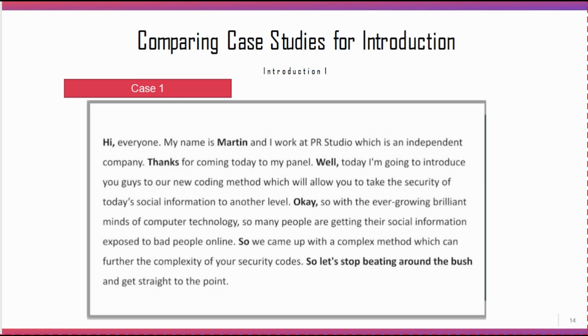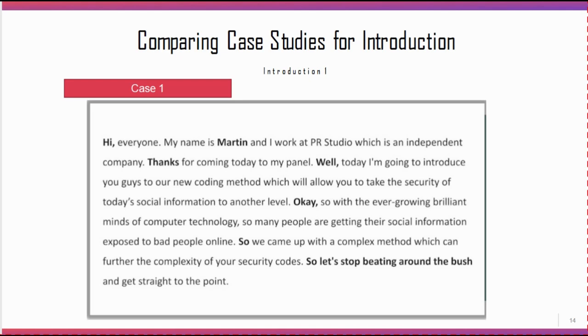Okay, so with the ever-growing and brilliant minds of computer technology, so many people are getting their social information exposed to bad people online. So we came up with a complex method which can further the complexity of your security codes. So let's stop beating around the bush and get straight to the point.